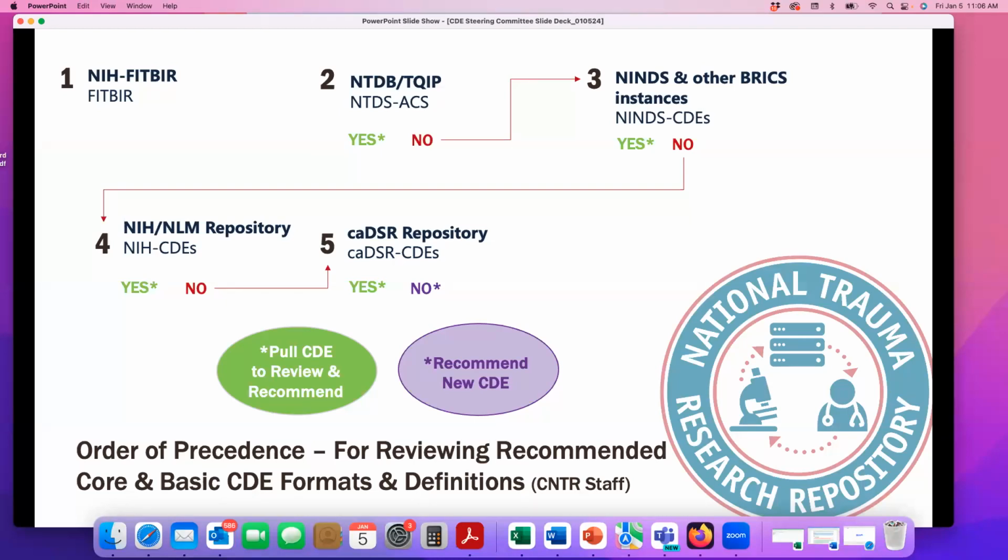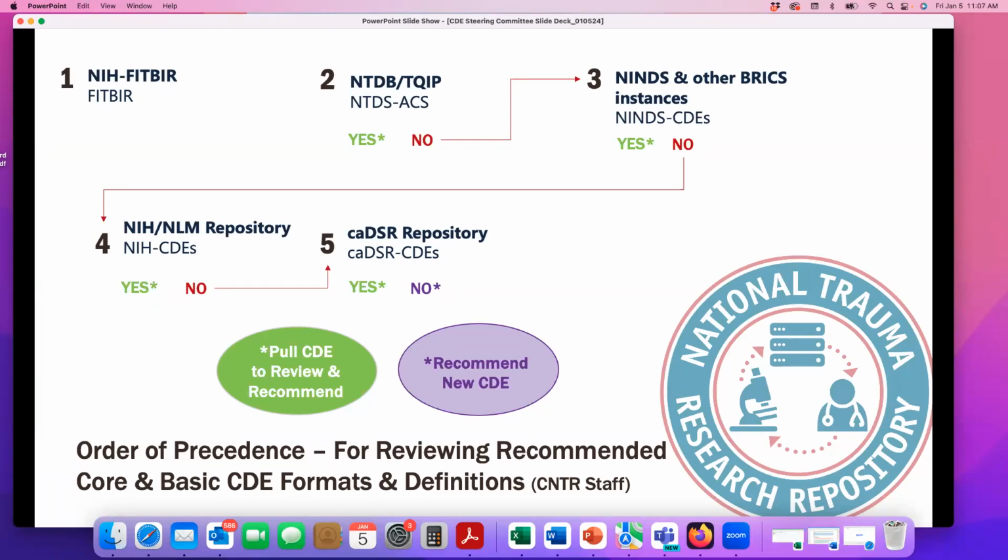So if you wanted to collect eye color because you thought it was super important, then is there a common definition in FITBR for eye color with permissible values, et cetera? And if not, then we would move to the NTDB as the next level, and then the NINDS and other BRICS instances, followed by NIH. They have certified common data elements as well, and then the cancer registry, just because it's really big.